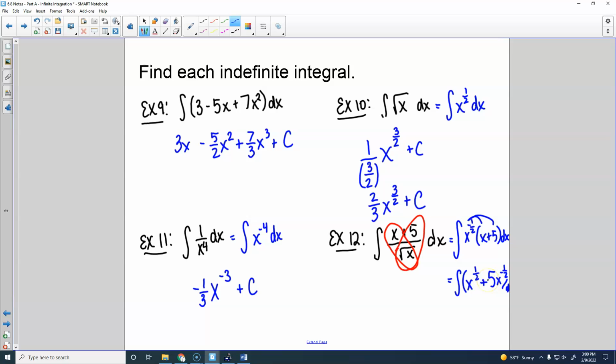So if we integrate this, Chandler, what are we going to get when we integrate? Yes. 2/3 x to the 3/2, which is basically what we did right here, right? All right, plus 10x to the 1/2 plus c.